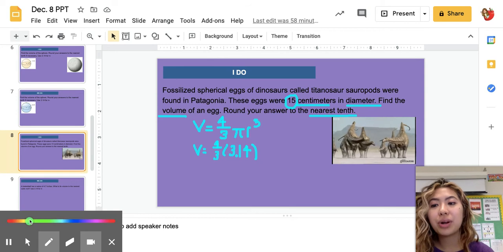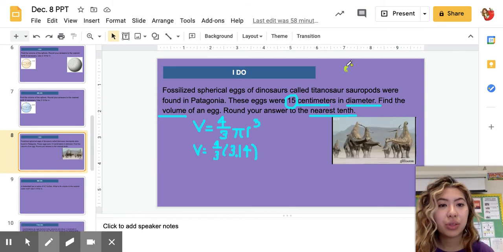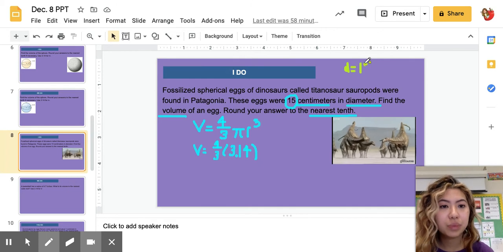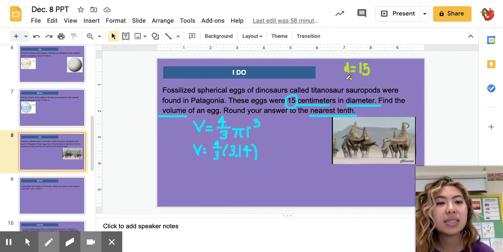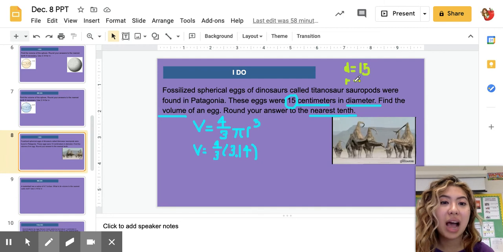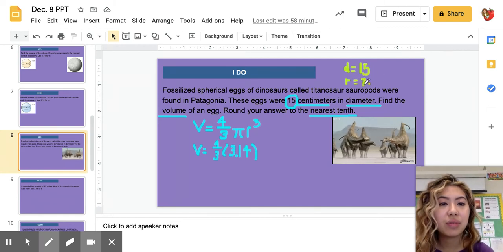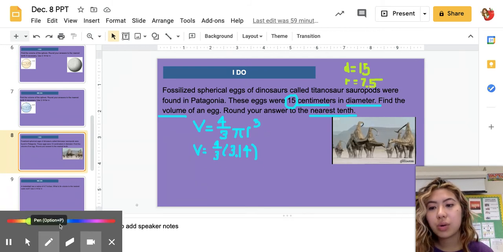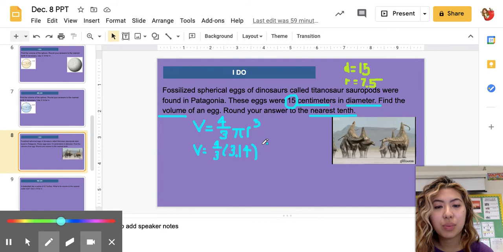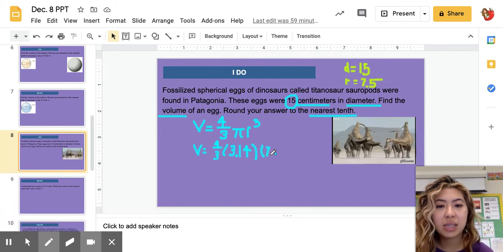If we remember from the last couple days worth of lessons, our diameter is twice as big as our radius. So our radius is going to be half of our diameter. 15 divided by 2 is 7.5. So then we can plug in the 7.5 and raise that to the power of 3.